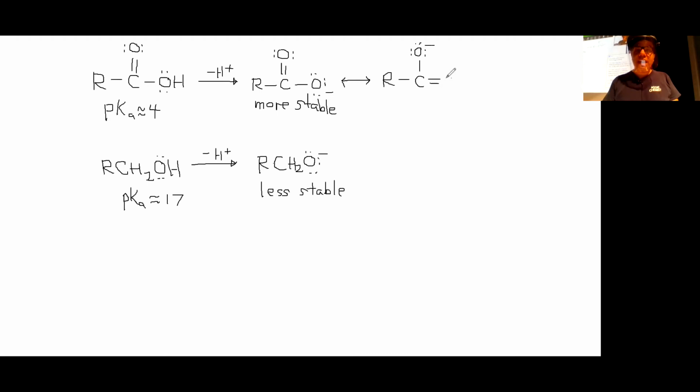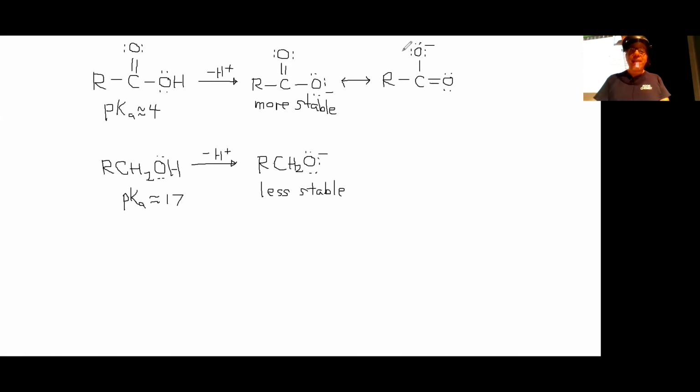I could just as easily, without moving any of the atoms, have put the electrons in like this, so that the minus charge is on the other oxygen. And in fact, you could even argue that there's yet a third resonance form that has minus charges on both oxygens and a plus charge on carbon. That one's going to be very minor. I certainly think these two are going to be the main contributing resonance structures to the overall hybrid.